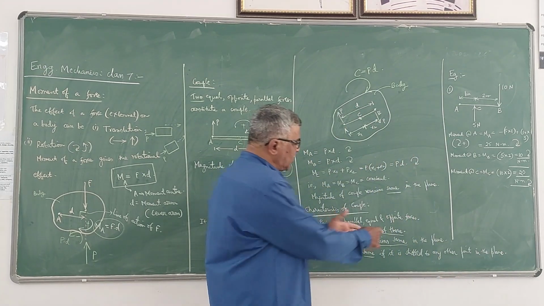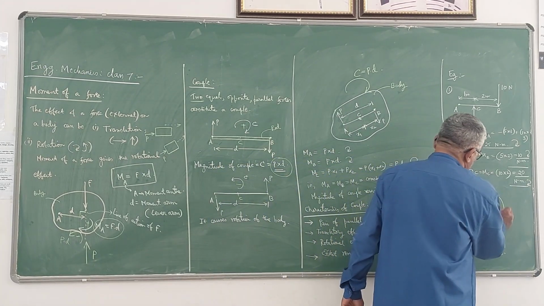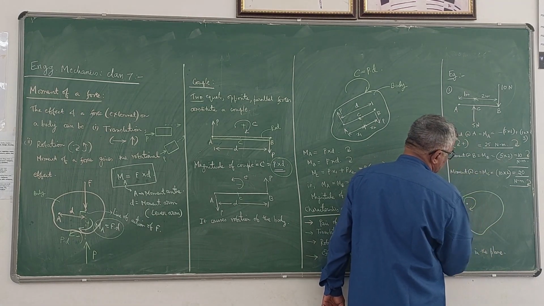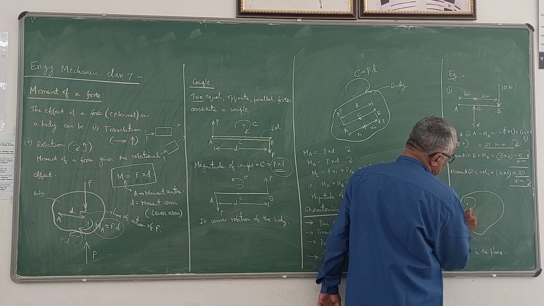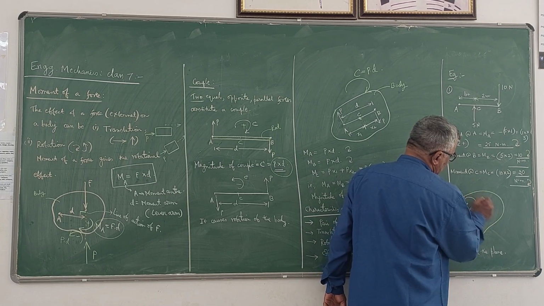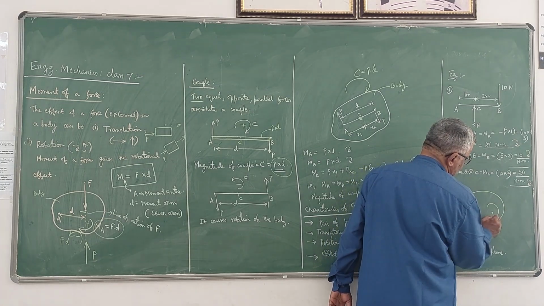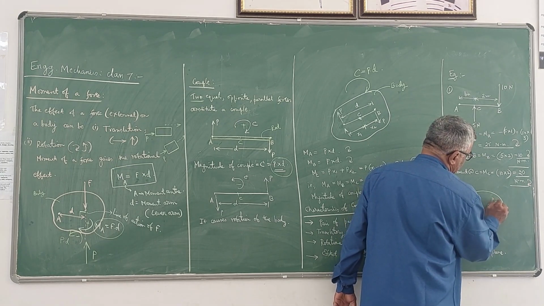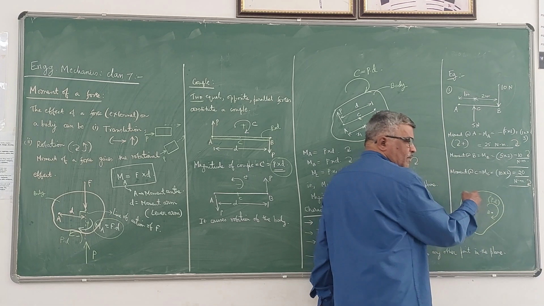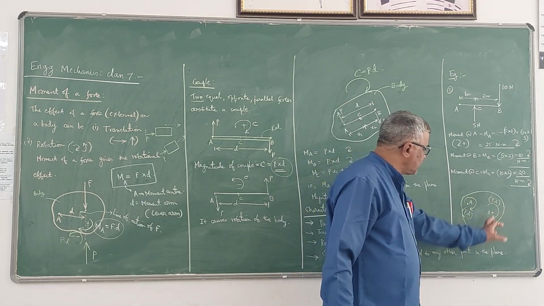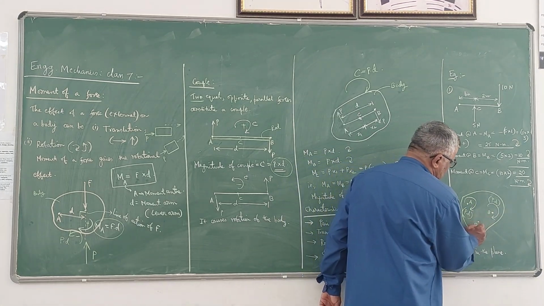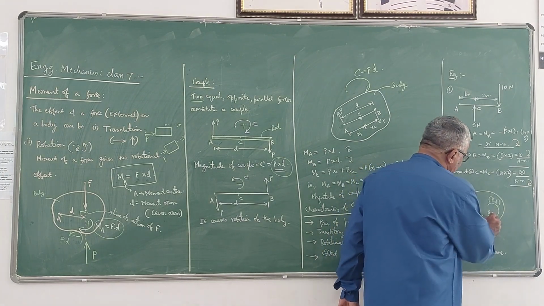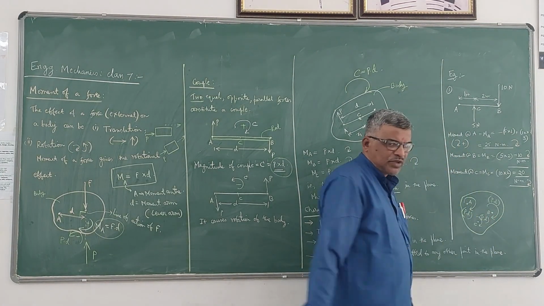What the meaning of this is, suppose you have a clockwise couple acting here, some P into D. Suppose you shift this P into D, same clockwise, somewhere here at this point, here also P into D. Then the effect of this P into D, wherever it is applied, it may be applied here also, C, so P into D, but its magnitude as well as direction should be the same.